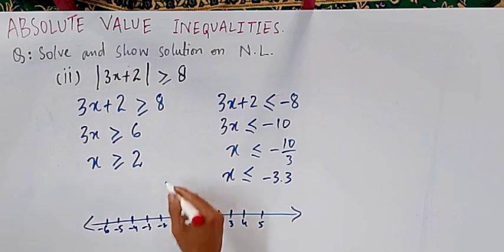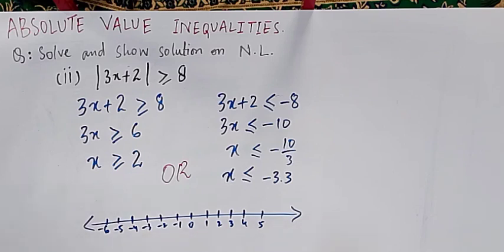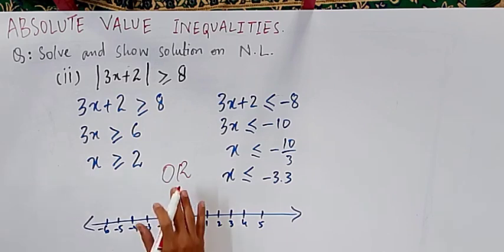So this is the case of OR, this is not the case of AND. As we have seen in the previous one, it was a continuation, that from this value till this value it will be your answer. But over here you can see it is written OR. Why? Because it is written x greater than 2.